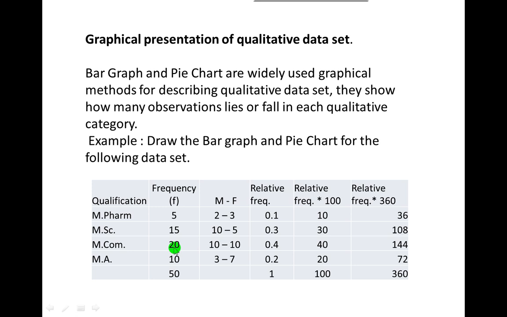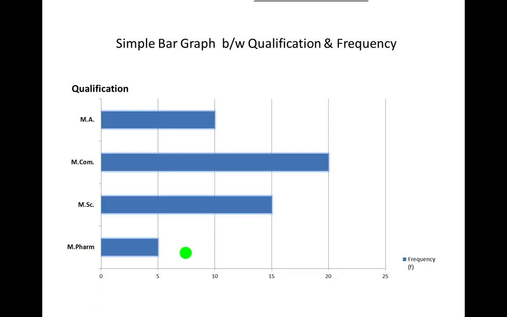So we divide the area of the page or graph according to the highest frequency, according to the requirement. Suppose this is 0, 5, 10, 15 and 20. This is the frequency, this is the y-axis. And you have 4 categories: MPharm, MSc, MCom, MA.